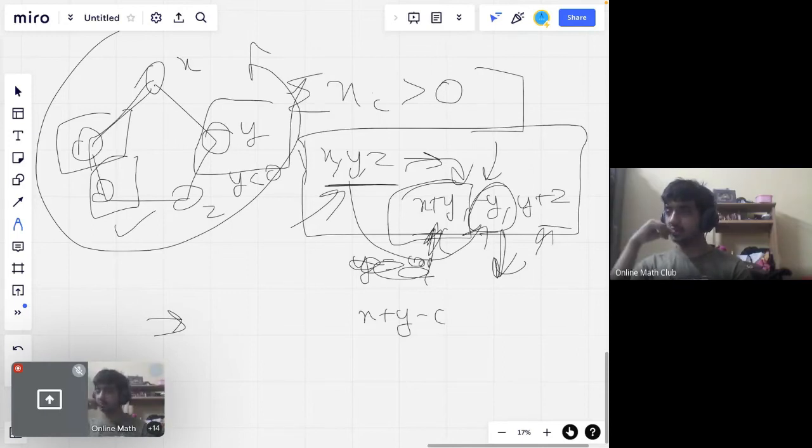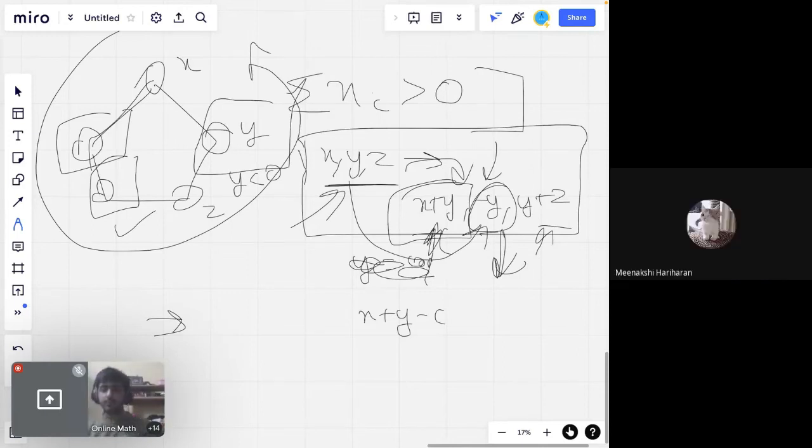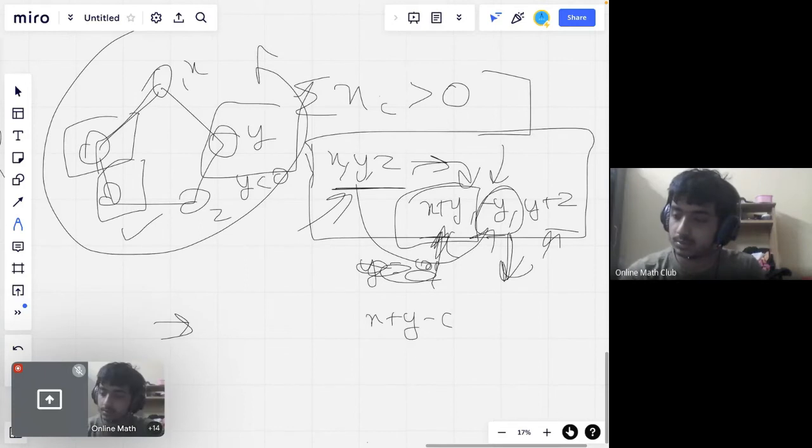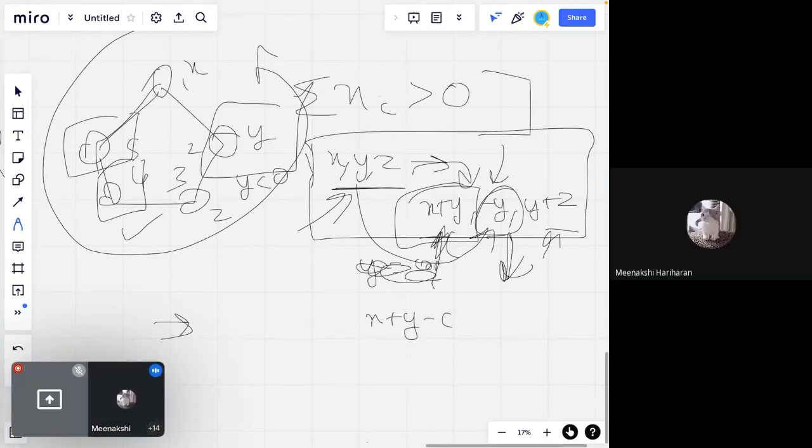Okay, can you label all the vertices one, two, three, four, five? Yeah. Suppose two is negative in the beginning, and after the first operation one becomes negative, then after the next operation five and two will change.